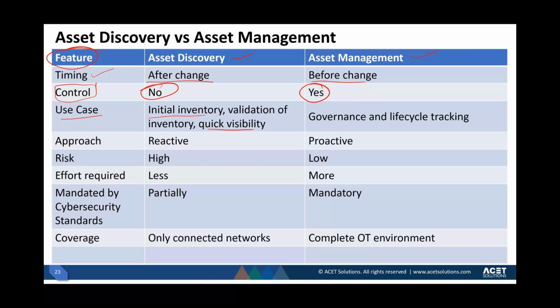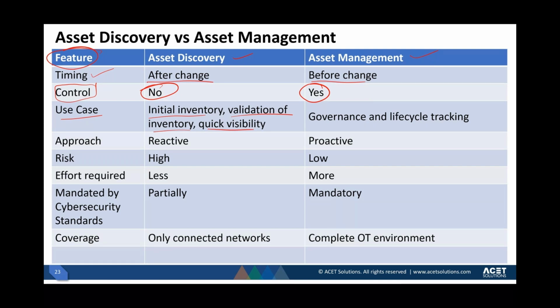It is also very useful for validation of inventory, that if I have my approved list of assets and I want to check whether what's on the network is exactly what I should have, then yeah, of course, I'm going to need an asset discovery tool to do that. I'm not going to go out and manually check each and every device to compare with my baseline to validate if the actual implementation matches the required database.